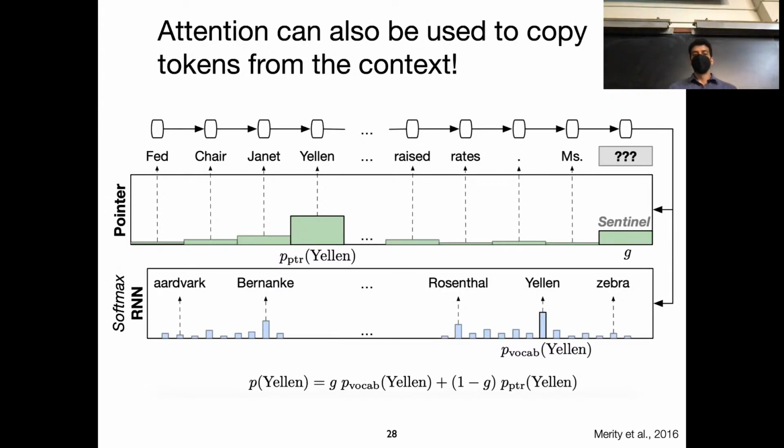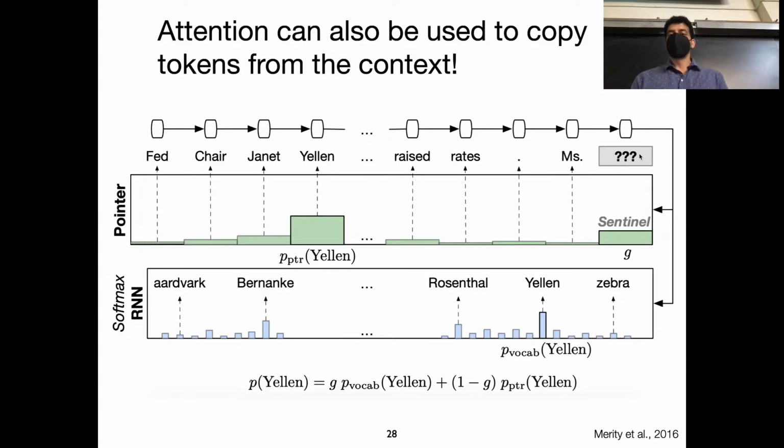Okay, so before we get to a more iPad example, attention has more uses than just being a way to avoid this bottleneck problem. You can also use it to implement what's called a copy mechanism. So let's say I have this input, Fed Chair Janet Yellen, maybe 500 words go by, raised rates, period, Ms., and then you're trying to predict the next word.